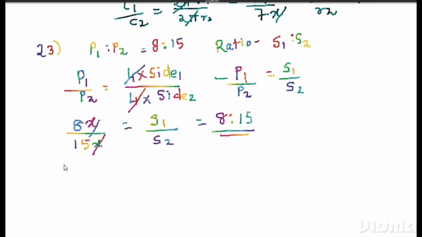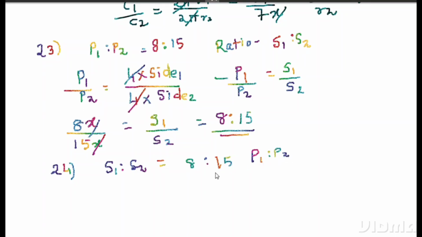Now the 24th question is the same thing. Now they have given you the length of the sides. That means they have given you S1 is to S2, which is again 8:15. So you have to find the ratio of P1 is to P2. Same thing.